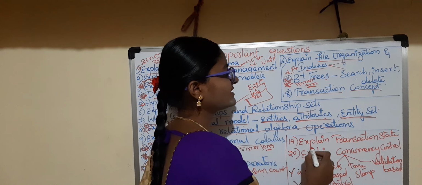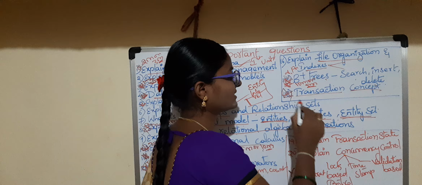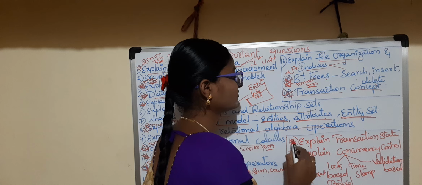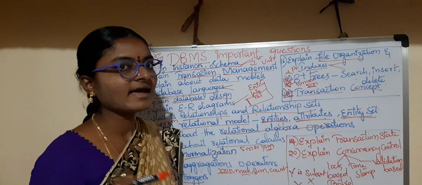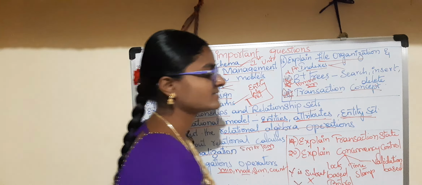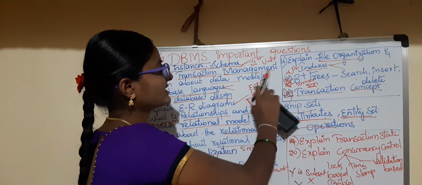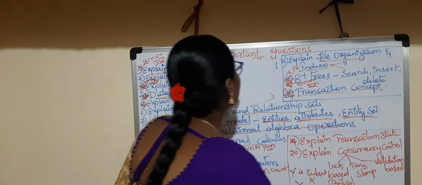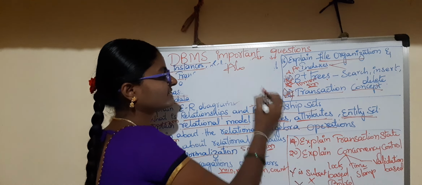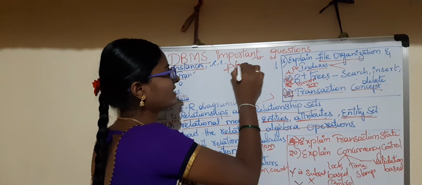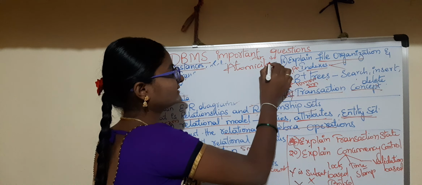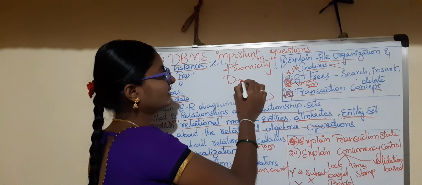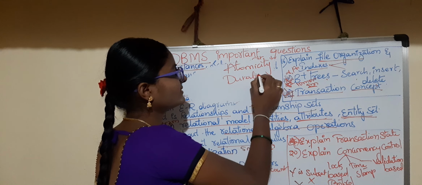Next is explain transaction state. It is also very, very important. What are the transaction states? The ACID properties are there. Now I will explain. Atomicity. It is very, very important, students. Next is durability.